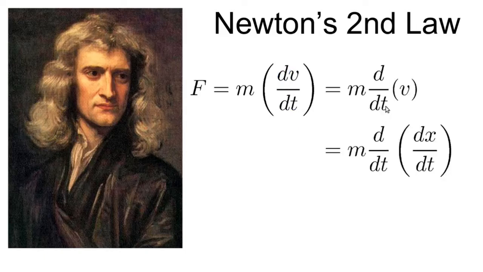We can do the same thing again, though, because v itself is just dx/dt. So this right here is v. Notice now we have two generations of differentiation going on. We have d/dt of dx/dt. This leads us to other ways to write this.